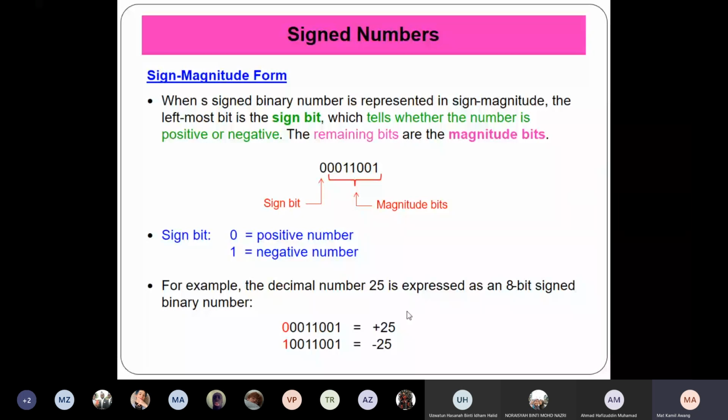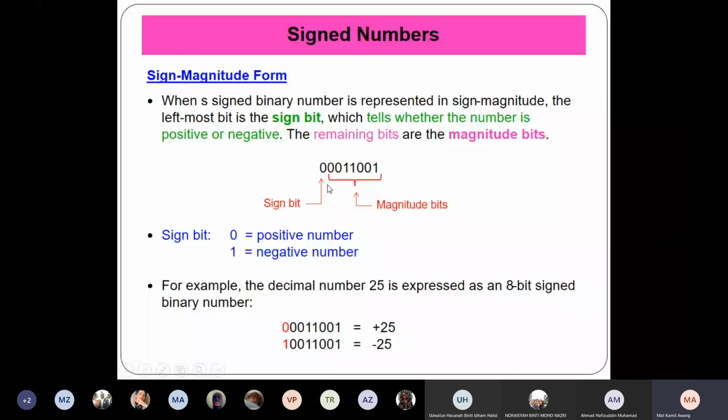So in this case, for example, you have 00011001. If I say that this is a sign magnitude form, therefore you know that the most significant bit is the sign bit, and the remaining bits are the magnitude bits. What does this sign indicate? If it's 0, it's positive. If it's 1, it's a negative number.